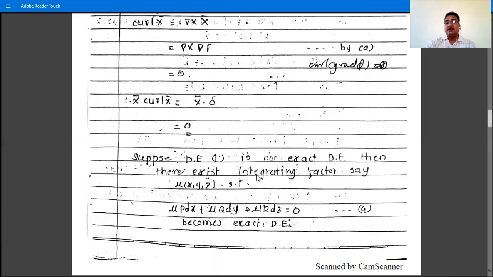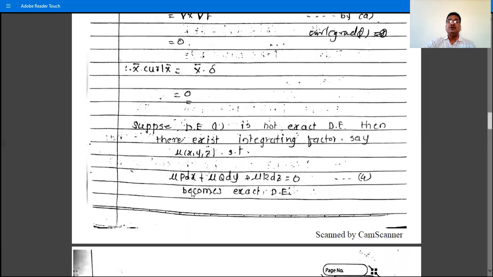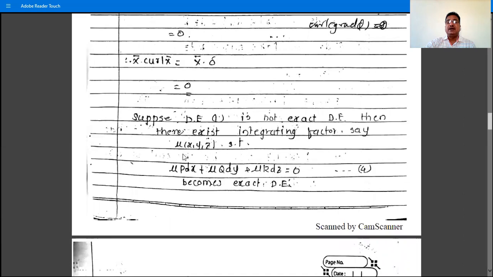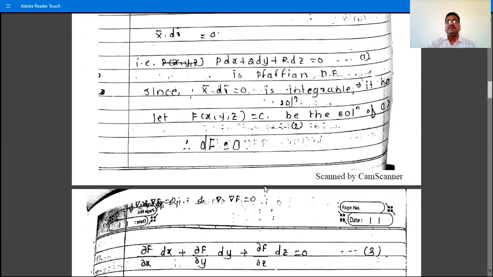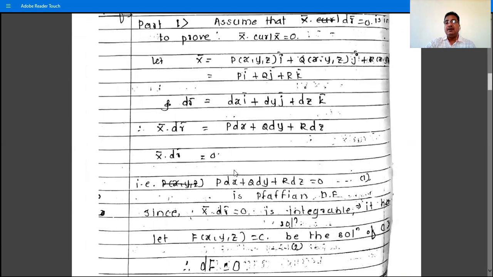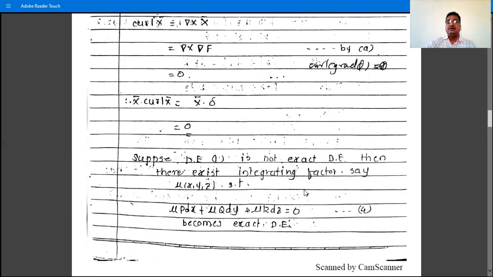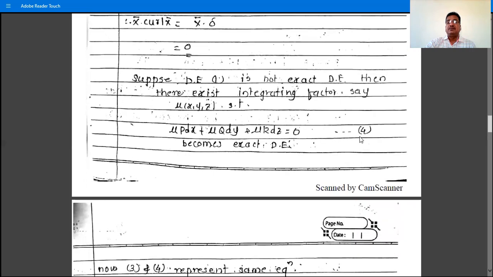Suppose 1 is not exact, then there exists an integrating factor, say mu, some function of x, y, z, such that mu P dx plus mu Q dy plus mu R dz equals 0 becomes an exact differential equation. That is, after multiplying that integrating factor to this differential equation, it becomes an exact differential equation. Suppose this is equation 4.